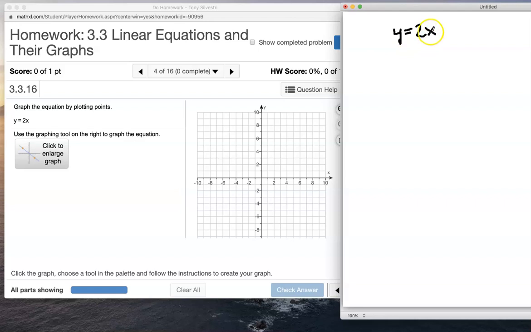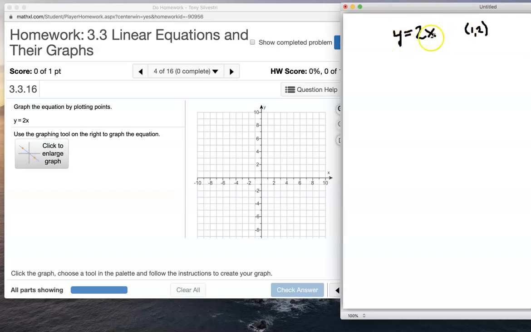Like if I were to plug in 1, according to this line, y must be 2. It cannot be 3, it cannot be 5, because that would make this equation not work. If you said 5 equals 2 times 1, that's not true.